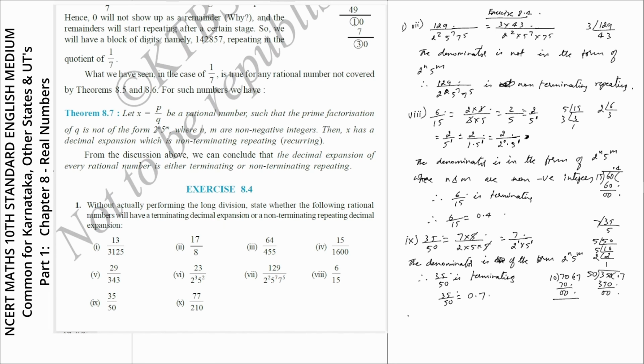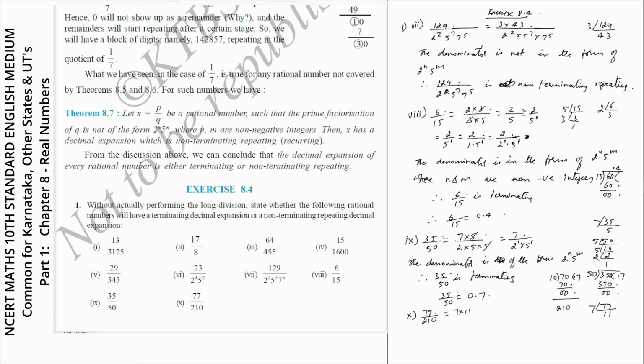The last sub question is 10. So double 7 by 210. If I factorize 77, 7 1s are 7, 7 1s are 7, for 7 into 11.